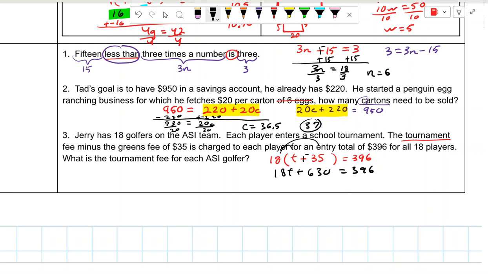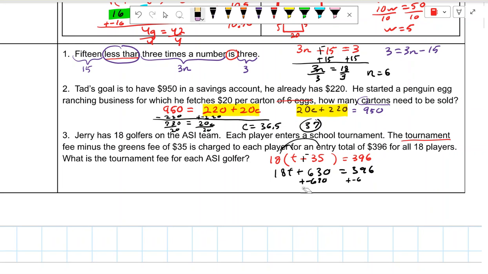Okay, and then we'll get rid of the 630 by adding a negative 630 to both sides. Oops, I made a mistake here. I just caught it. Sorry, I was delaying because I was thinking.